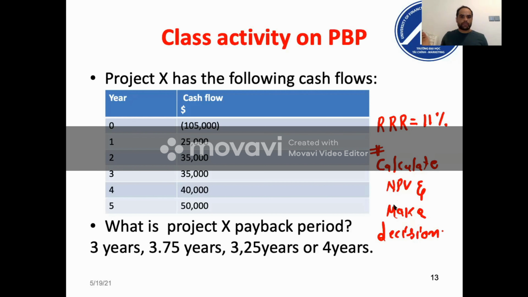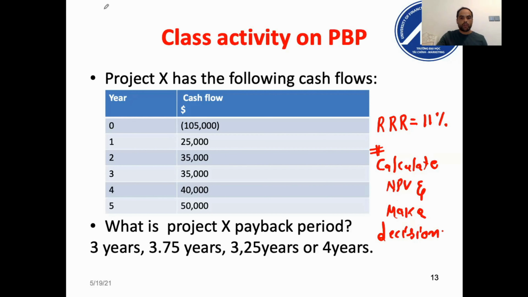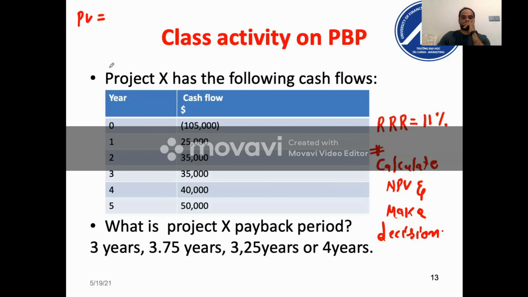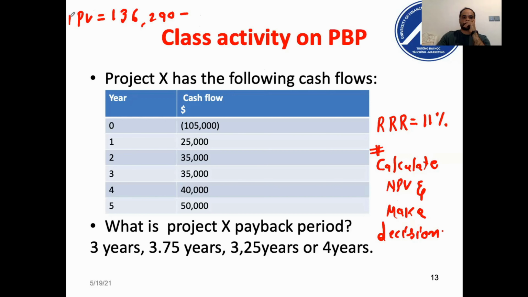So have you got the same number? So how much is the total present value? 136,290 minus, so we are calculating NPV, present value minus initial investment, which is 105,000.